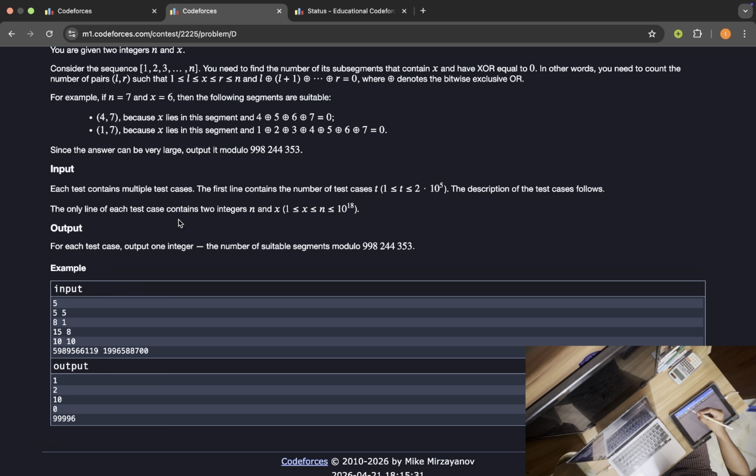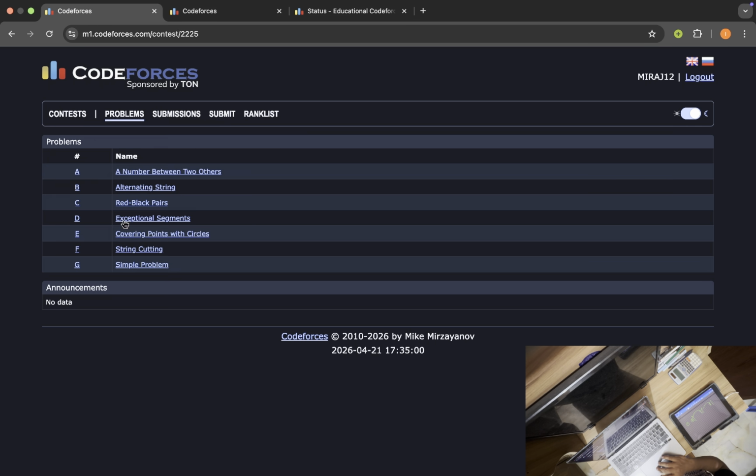I can jump from 1 to, so I can jump from 3 to any power of 2, 3 to 4, then 5 to 8, and so on. Okay, I can jump from them because those cancel out each other. No, it's not that easy. It's not that easy.